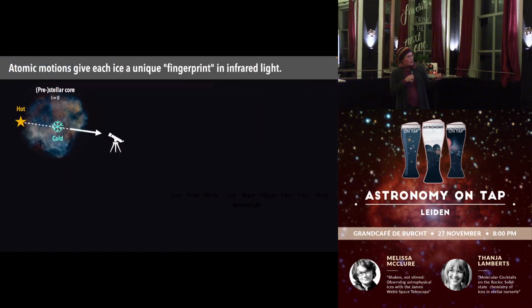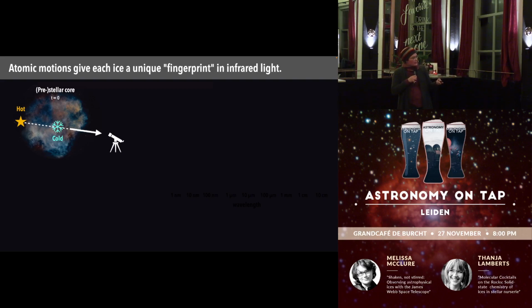We can do that, observationally speaking, by looking at stars that are located behind the molecular cloud. These stars are very hot, and they provide a continuum in the background.